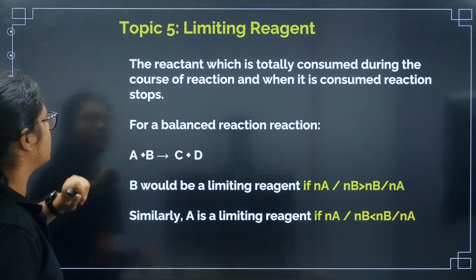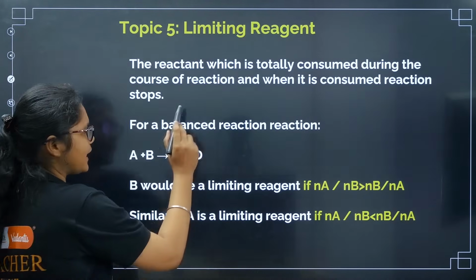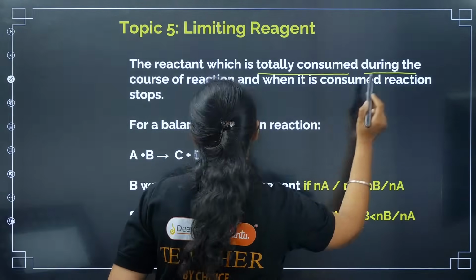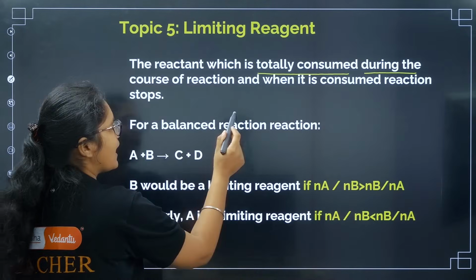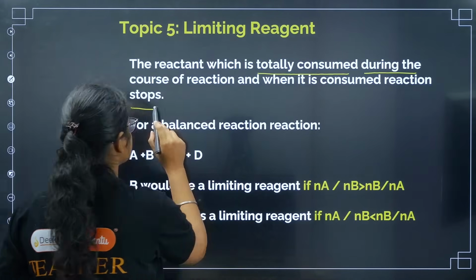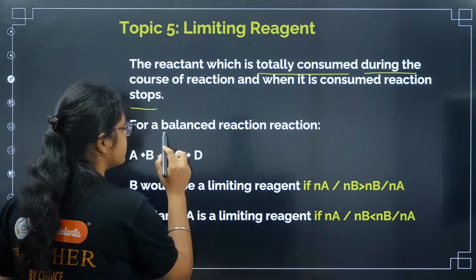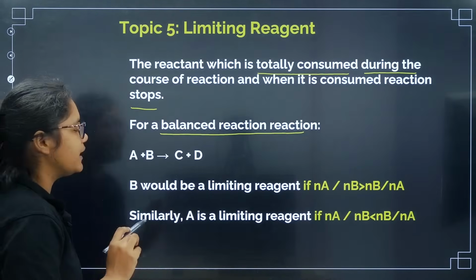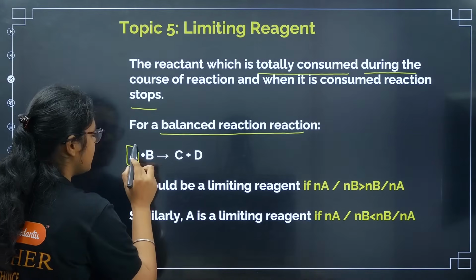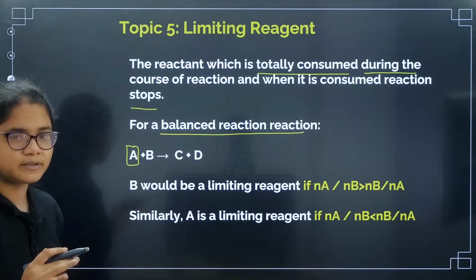Next, limiting reagent. The reactant which is totally consumed during the course of the reaction, and when it is consumed the reaction stops, is called the limiting reagent. How to find the limiting reagent? First you have to balance the reaction. Next, suppose the mass of A or mass of B is given.